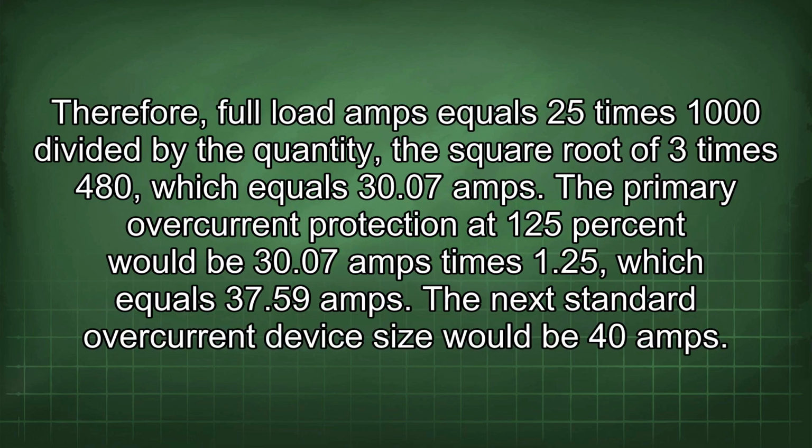Therefore, full load amps equals 25 times 1000 divided by the quantity, the square root of 3 times 480, which equals 30.7 amps. The primary overcurrent protection at 125% would be 30.7 amps times 1.25, which equals 37.59 amps. The next standard overcurrent device size would be 40 amps.